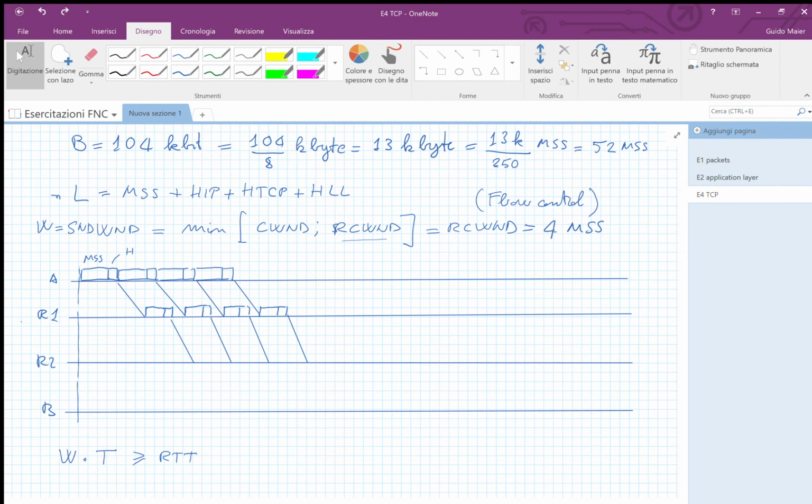Then we know that the capacity of the interface of the second router is even smaller. Okay. And finally, we will have the last propagation delay.